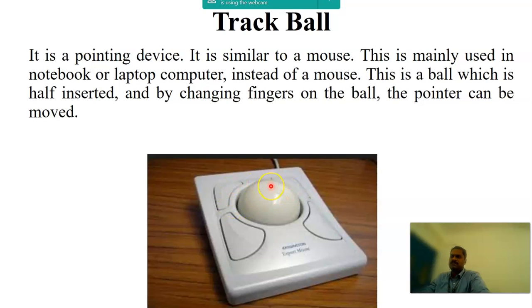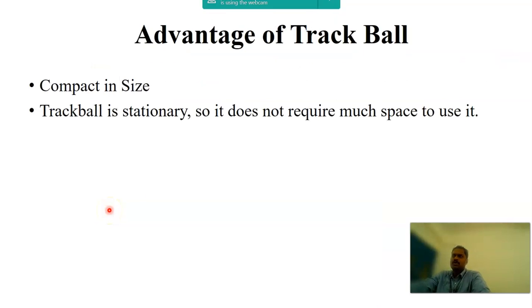You can see the figure, which is half inserted, and by moving the fingers on the ball, the pointer can be moved, as we do with the mouse. The buttons are given over here, and you can press them for certain functionality. The advantage of the trackball is that it is compact in size and stationary, so it does not require much space. But the mouse is not like that, so we want enough space to move the mouse in all directions.